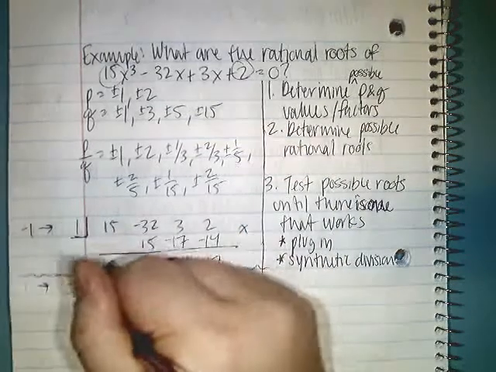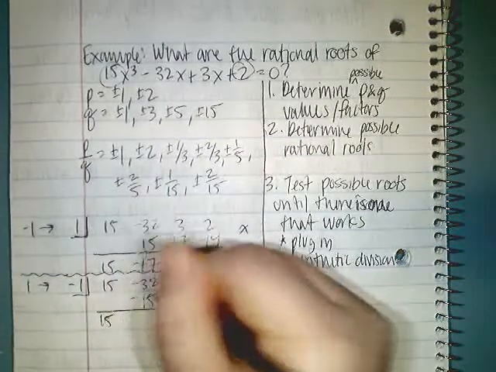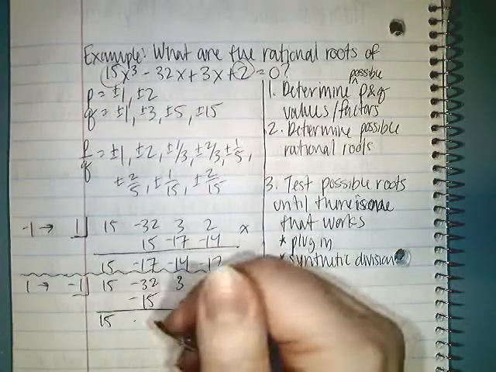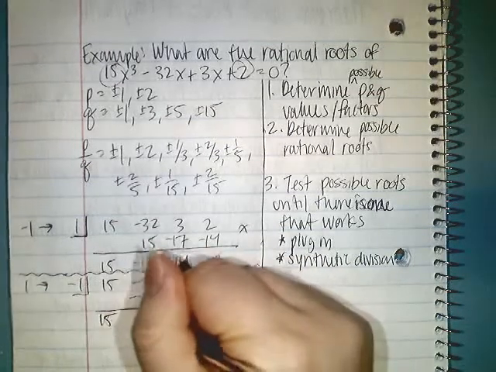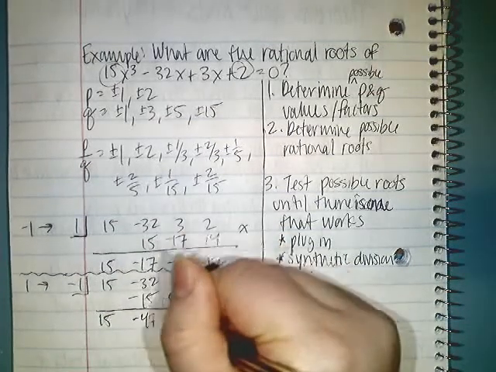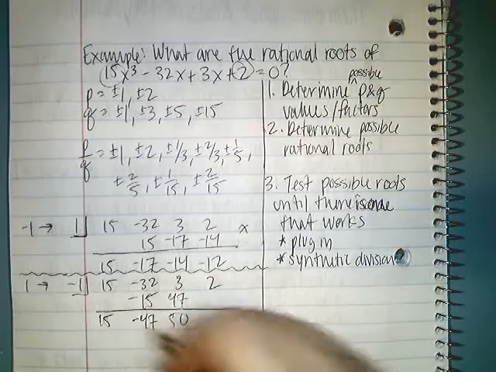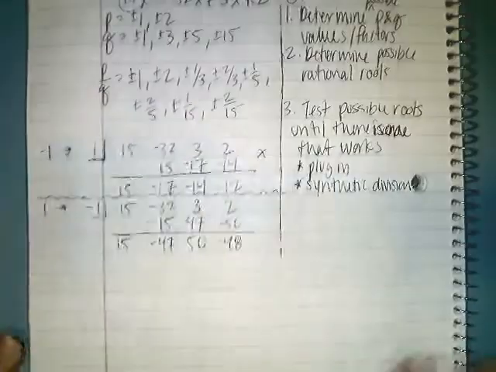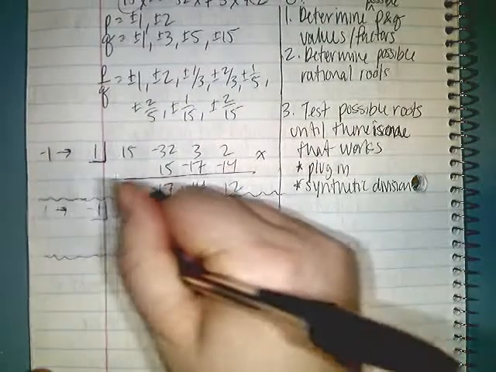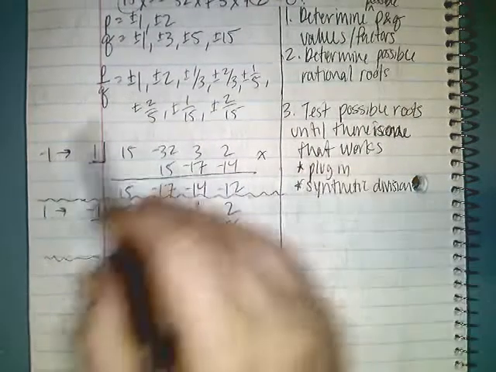So I'm choosing to use synthetic division because I think this will be easier. So this would be -47. So that one doesn't work either. I can keep going. So then again, I'm always trying my whole numbers first.